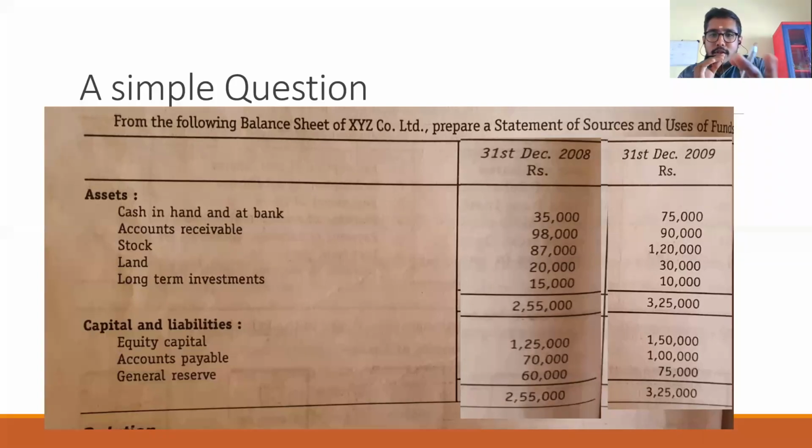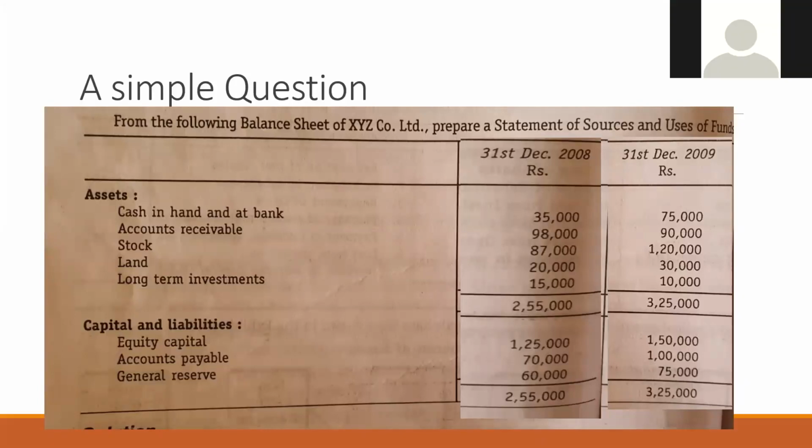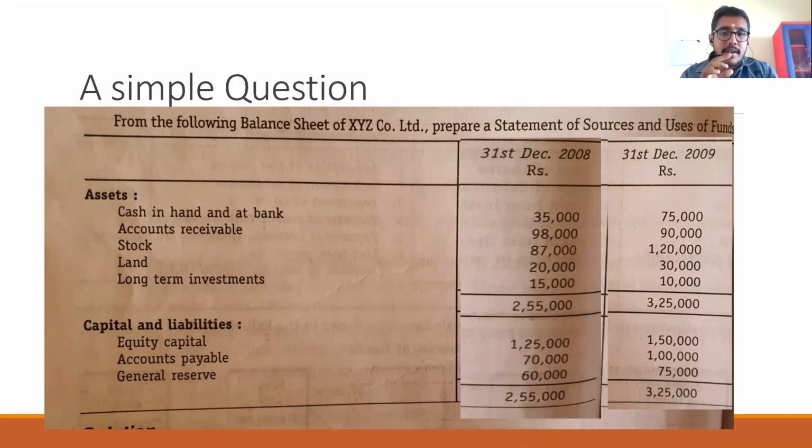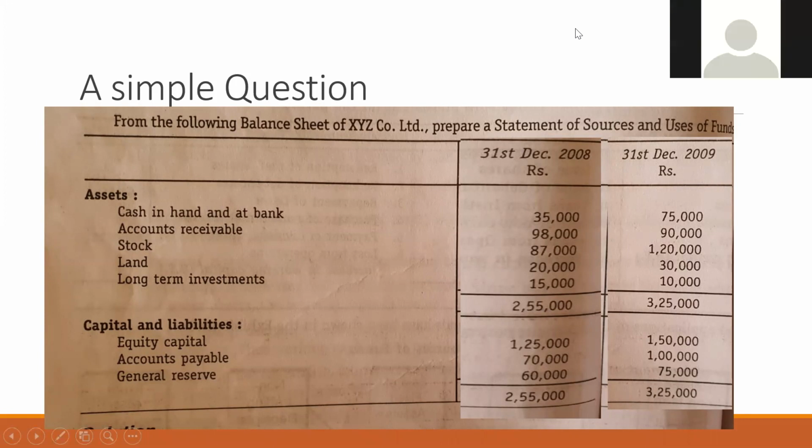If you are seeing this balance sheet, you will see assets and liabilities. You have received the balance sheet for 2008 as well as 2009. From this, you are going to prepare a fund flow statement and a statement of changes in working capital. Let me tell you what to do if you get a question like this.